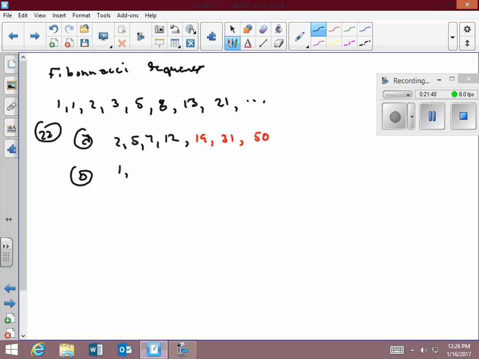This one is 1, 7, 20, and 8. So then the first blank would be what? 6. And this blank right here would be 13, right?